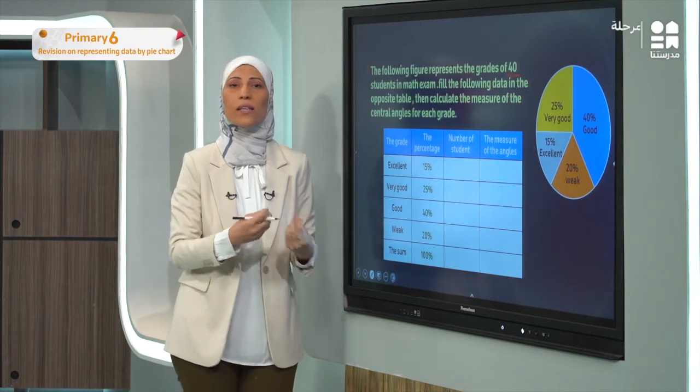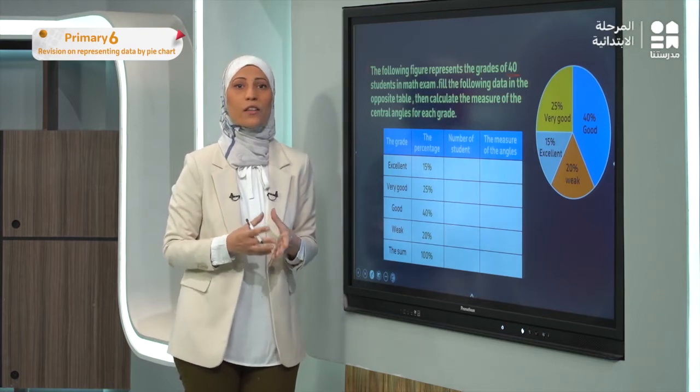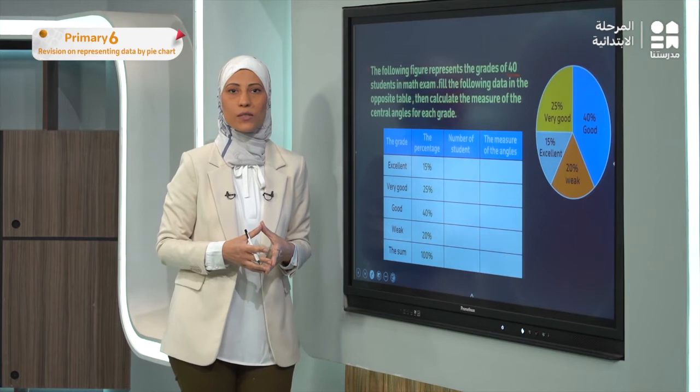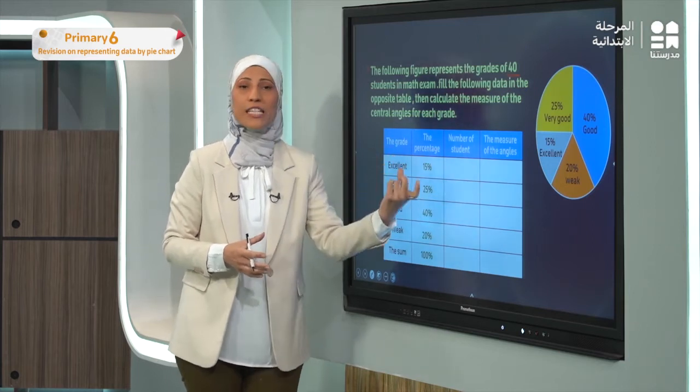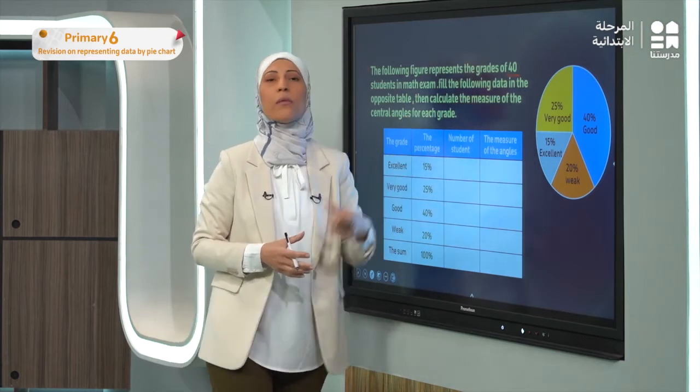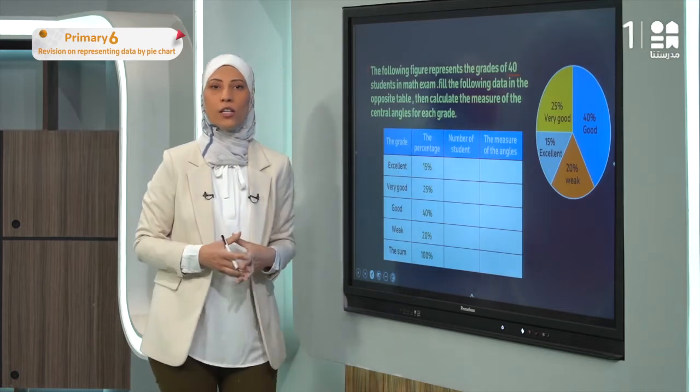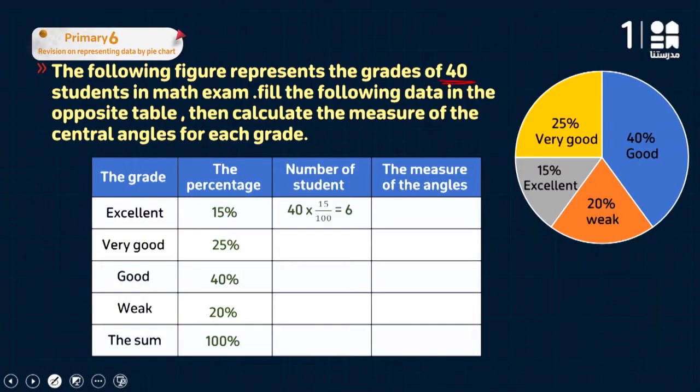So what steps are you supposed to do to find the number of excellent students? You will multiply 15% times the total, 40, to find the real number. So I will make 40 times 15%, which is 15 out of 100. So the number will be 6.